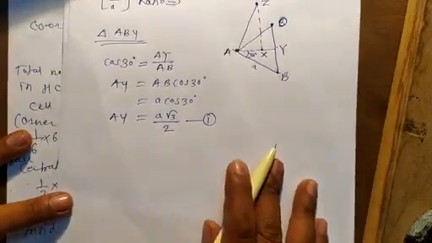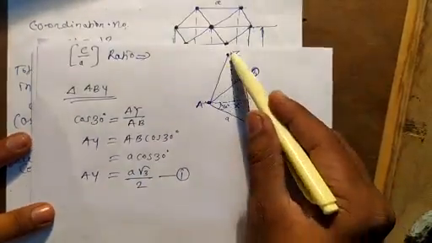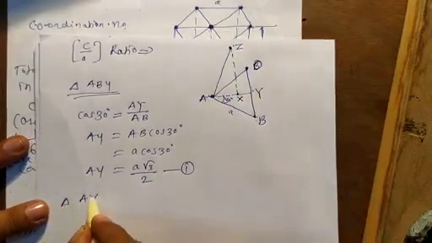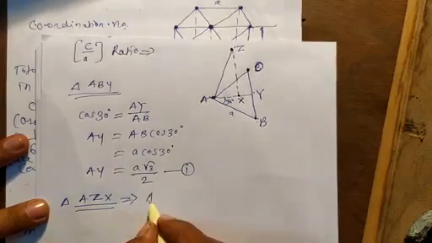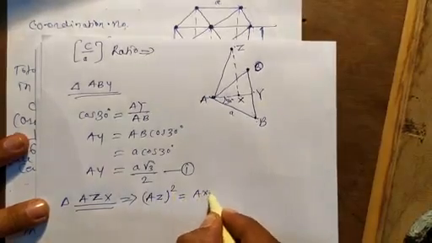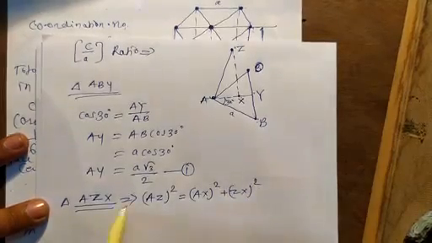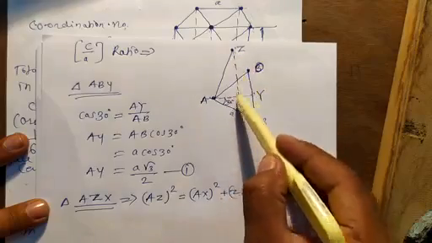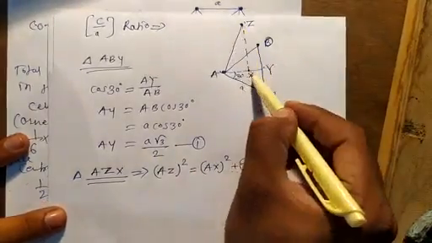Now consider the triangle AZX. From this triangle we can write AZ square equals AX square plus ZX square. Now what is AX?